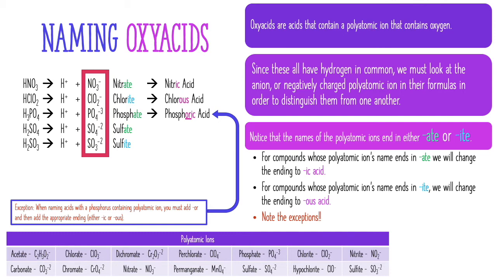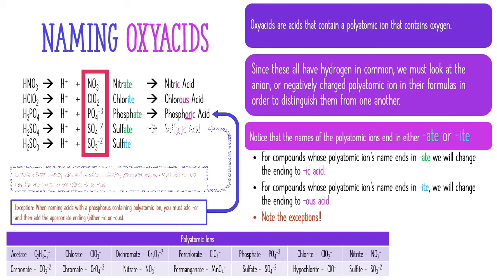So if you take a look down here at the exception that just popped up, it says when naming acids with phosphorus containing polyatomic ions, you must add OR and then add the appropriate ending. And the way that we determined that appropriate ending was that phosphate ends with ATE, so we're going to use the ic ending.